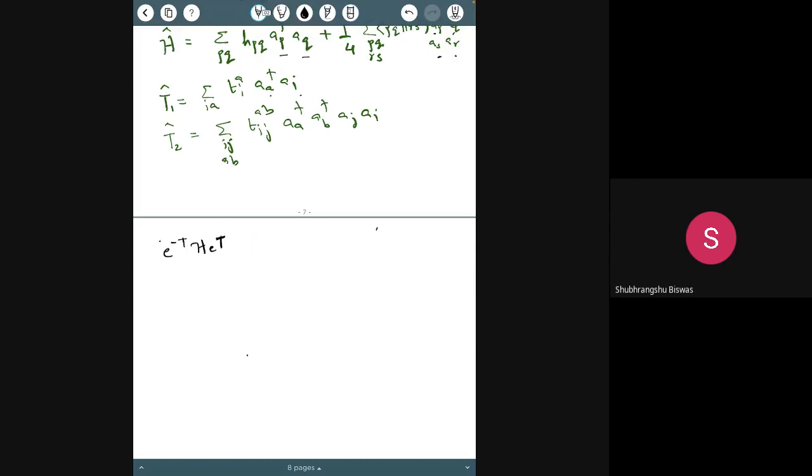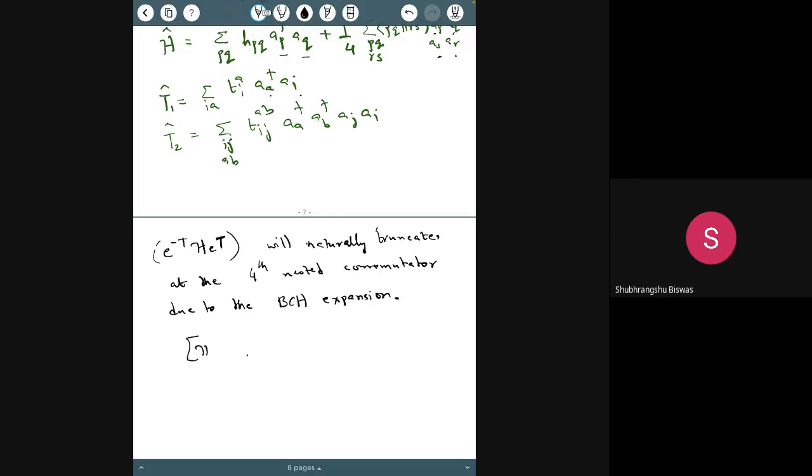So this expression will naturally truncate at the fourth nested commutator due to the BCH expansion.